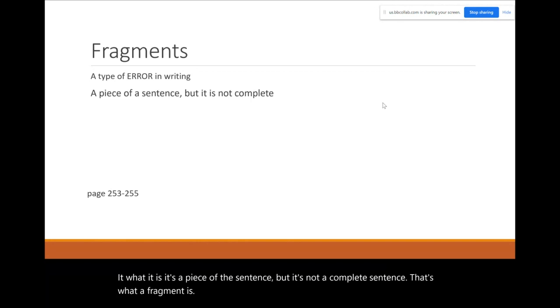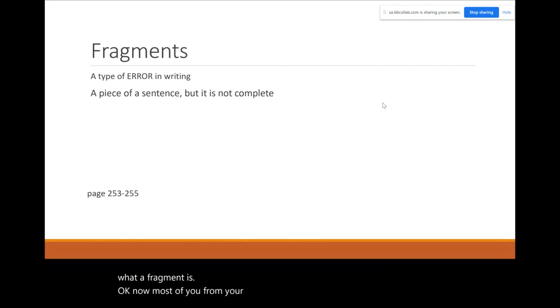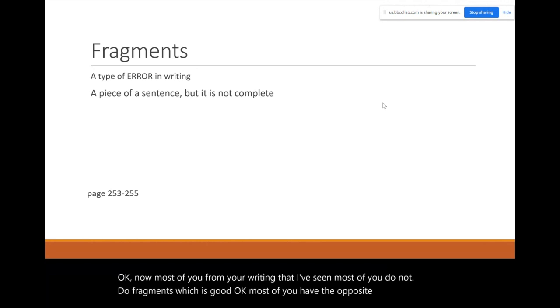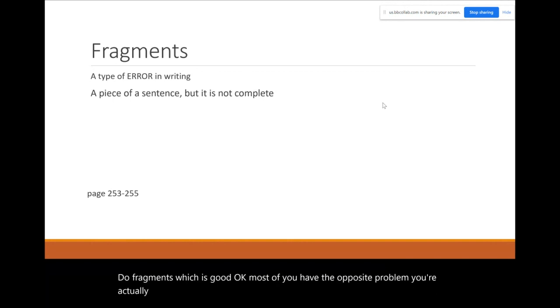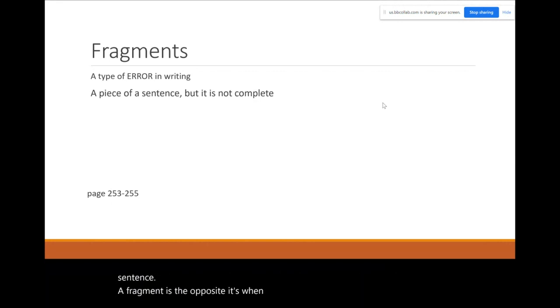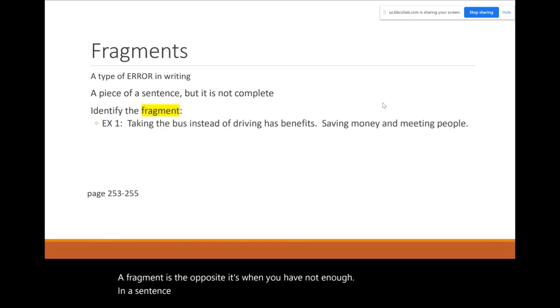Okay. Now, most of you from your writing that I've seen, most of you do not do fragments, which is good. Most of you have the opposite problem. You're actually putting information and words and things into one sentence. A fragment is the opposite. It's when you have not enough in a sentence. You're missing some pieces.